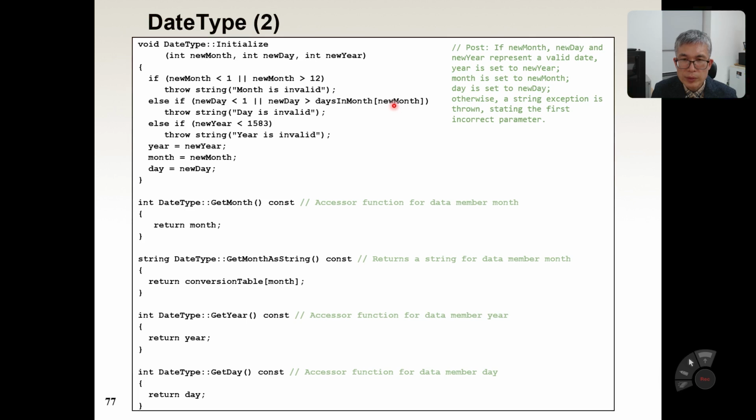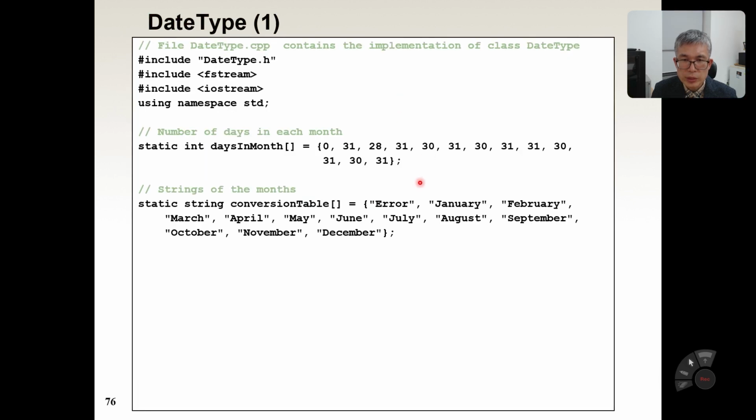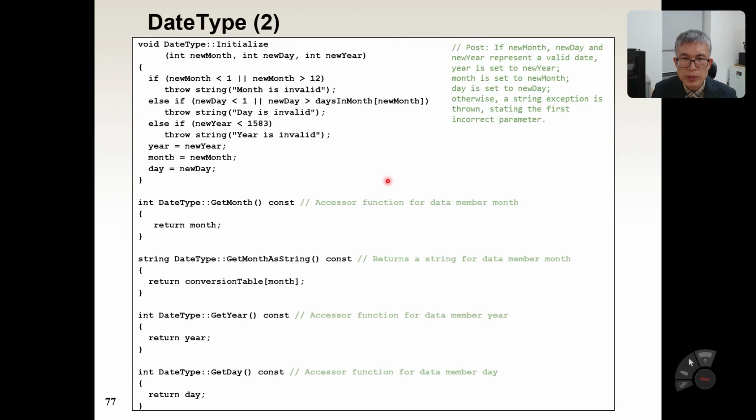For example, January case, this one, right? January, index 1, right? So 31. So greater than this 31 is a problem, okay? And the year case, if the year is less than this, it is invalid. So we consider at least 1583, okay?